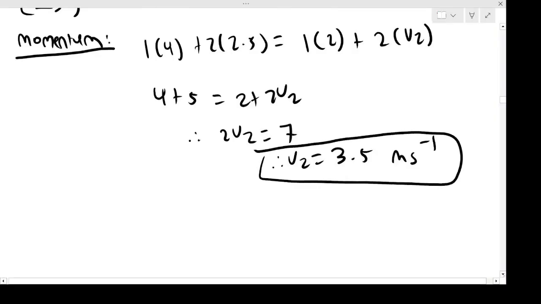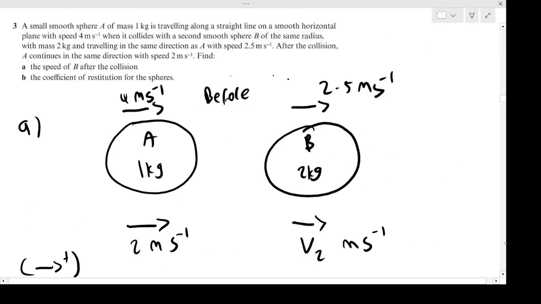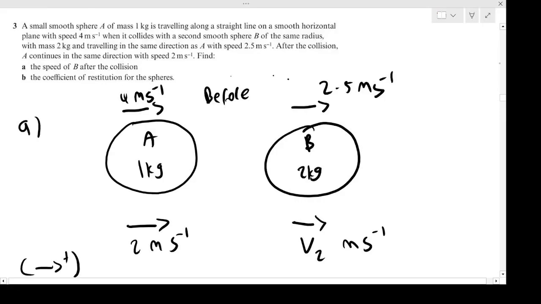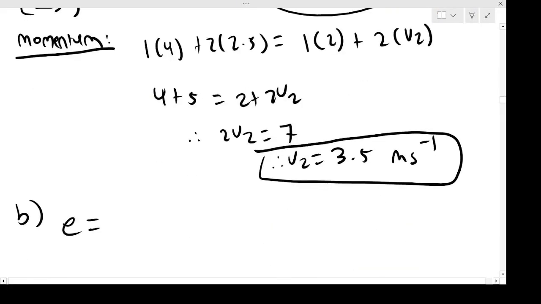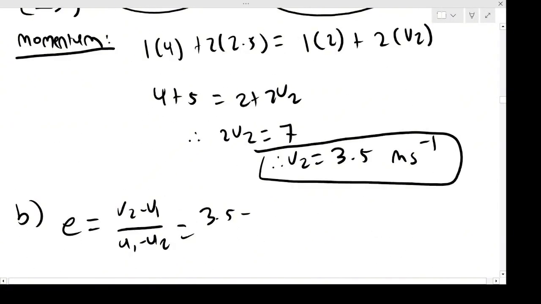Then it says for part B, it wants us to work out the coefficient of restitution. So that means E. Well, we're going to do V2 take away V1 over U1 take away U2. Now again, V2 we just worked out to be 3.5. Then we're going to take away V1, which is going to be 2 here.